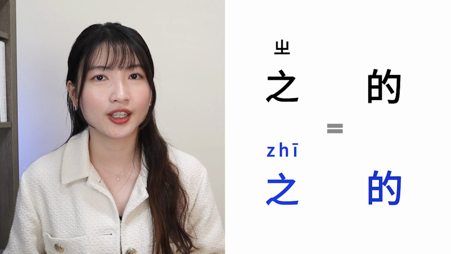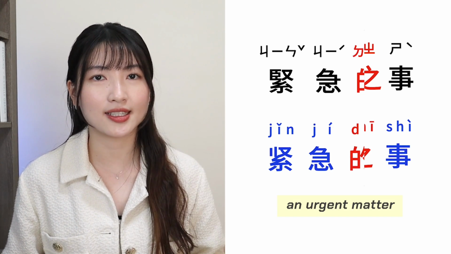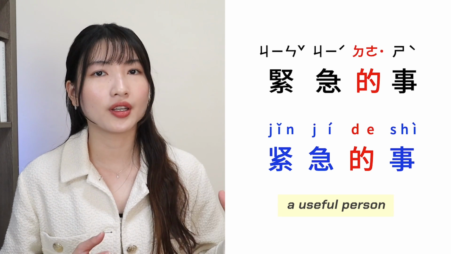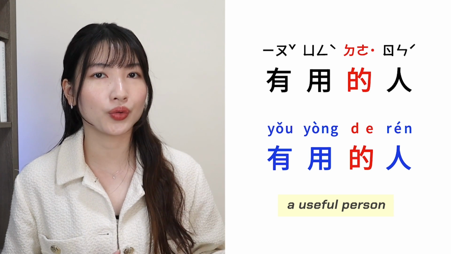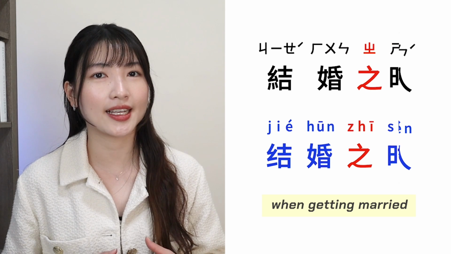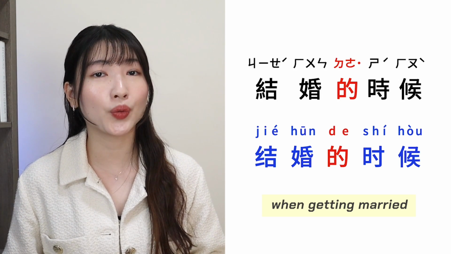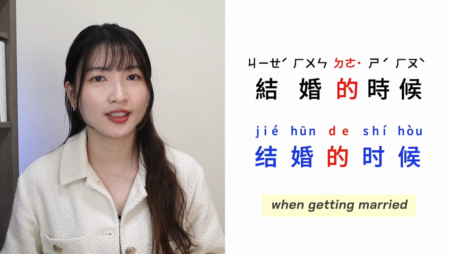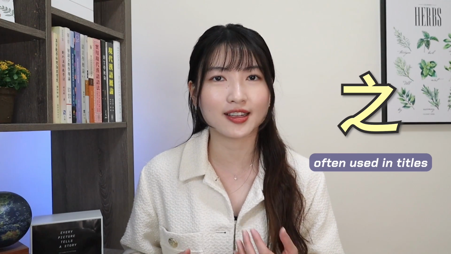For example, 紧急之事 means 紧急的事, an urgent matter. 有用之人 means 有用的人, a useful person. 结婚之时 means 结婚的时候, when getting married. This 之 is often used in titles as it sounds more concise and formal.